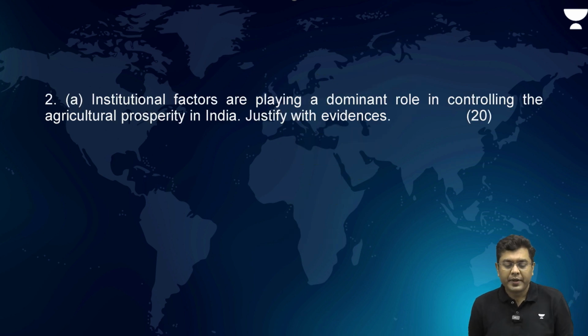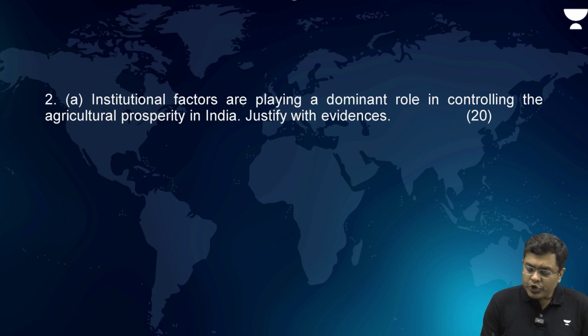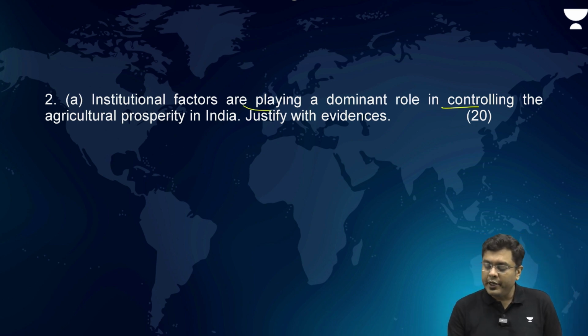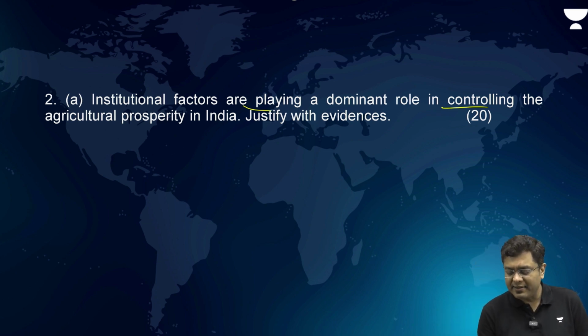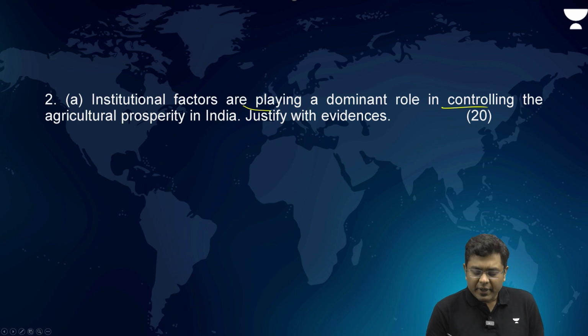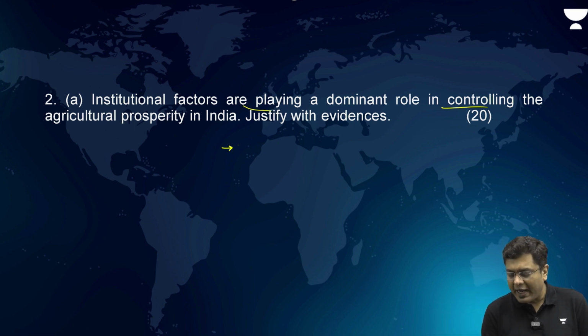Okay. Now, institutional factors are playing a dominant role in controlling the agricultural prosperity in India, justify with evidences. So, basically here you had to talk about the factors such as land reforms, right. You had to talk about land reforms, then land reforms have brought in consolidation of the land.